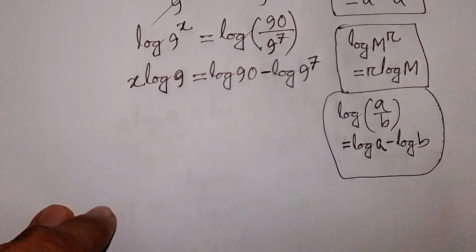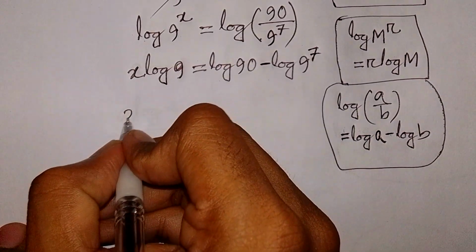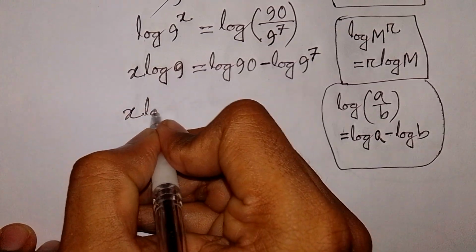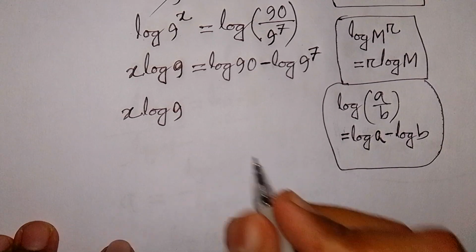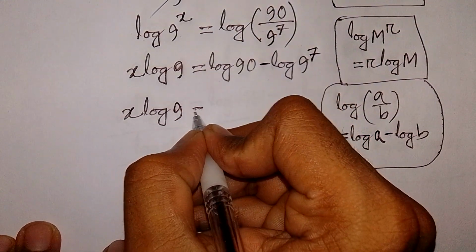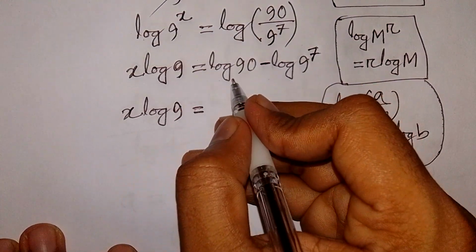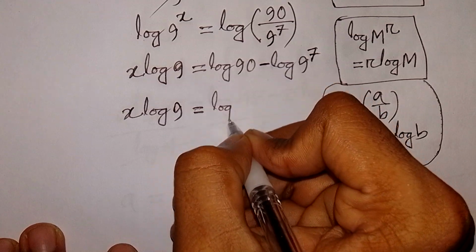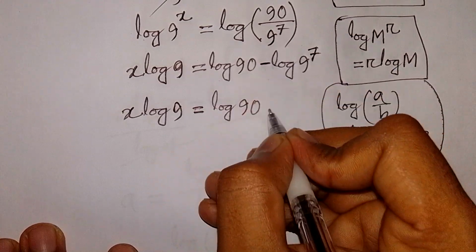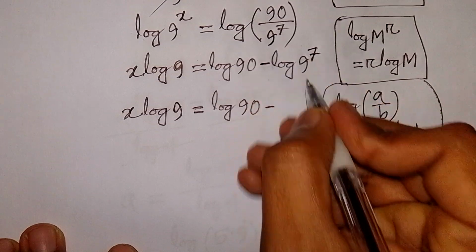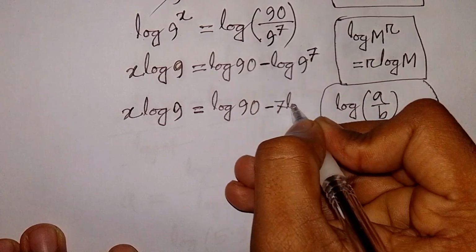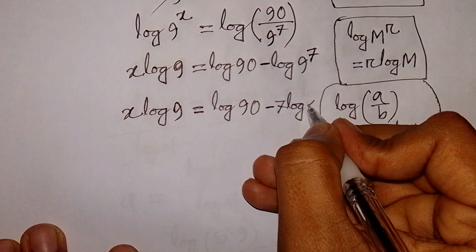Now we have x log 9 is equal to log 90 minus, this power 7 will move to the base, so it will be 7 log 9.